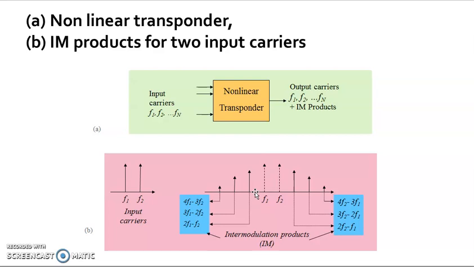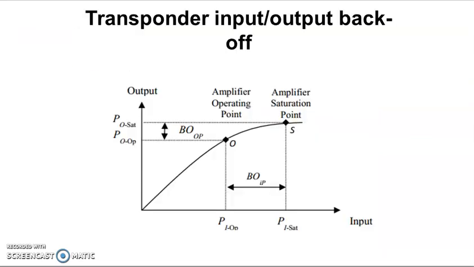These distortions occur, and to avoid this distortion we need to consider a common problem: a device generates its output power within a particular range of values. So if you see the earlier figure, we have the transponder output power.